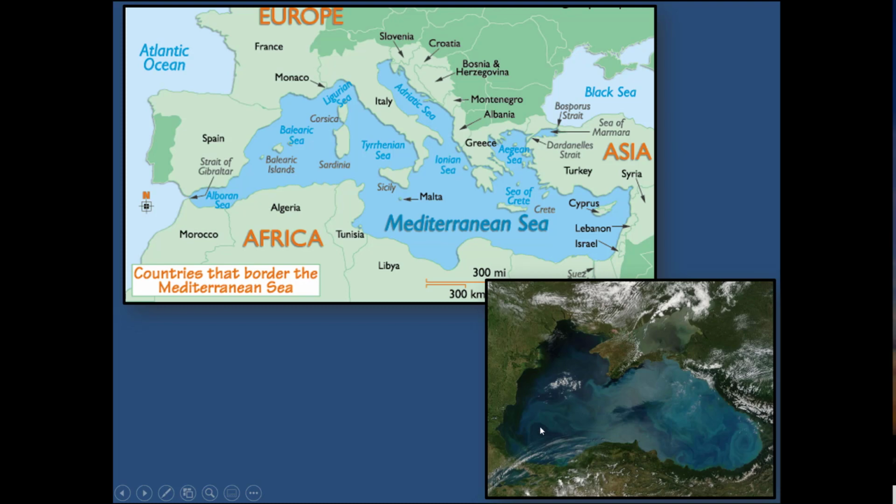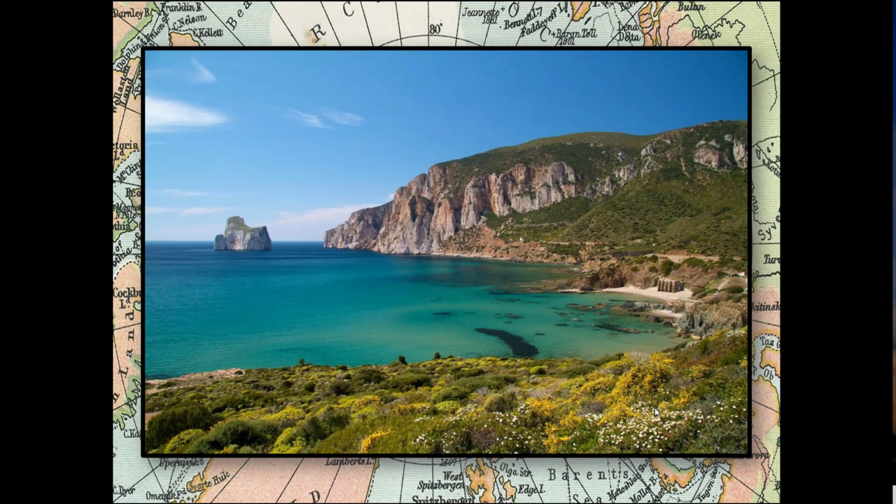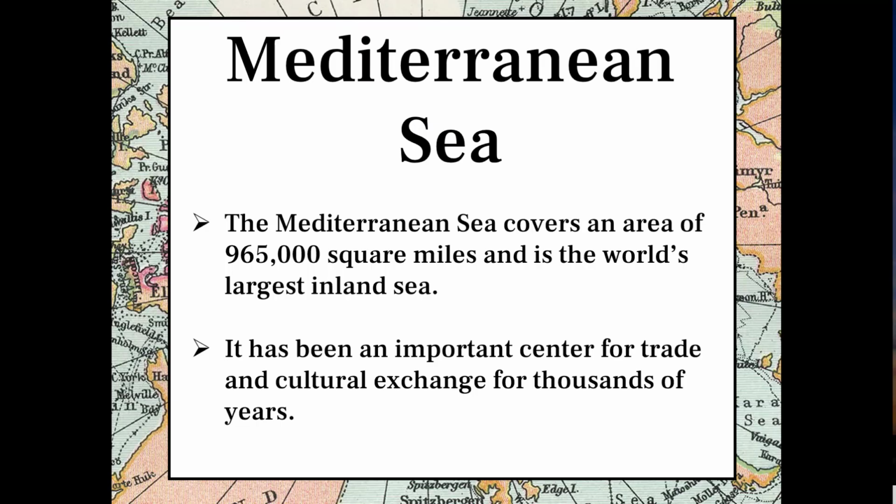And again, we have a satellite view, and you can see this over here. This is the Strait of Gibraltar. What we cannot see as easily on this is the Bosporus Strait, but we can see the Strait of Gibraltar. There's a picture of the Mediterranean Sea. Now, the Mediterranean Sea covers 965,000 square miles.